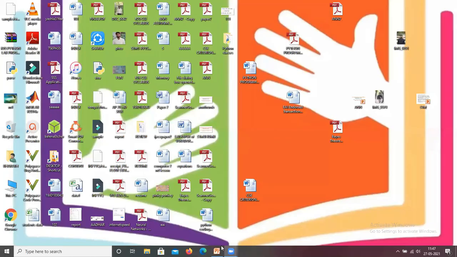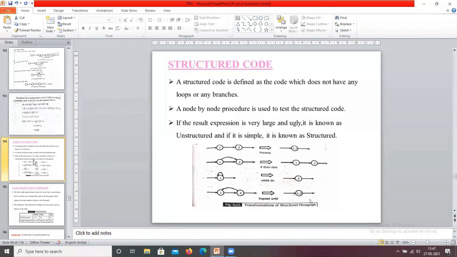In today's class, we are going to discuss another application of the node reduction removal algorithm, that is structured code. So structured code is another application of the node reduction algorithm.